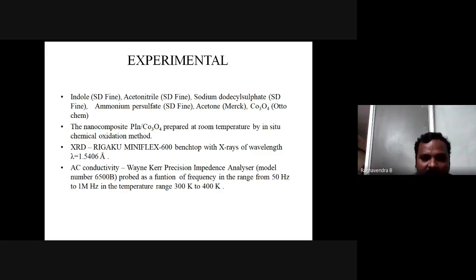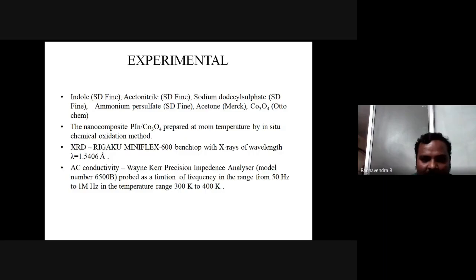After the synthesis, I took it for XRD characterization. I made use of the Rigaku Miniflex 600 benchtop apparatus to get the XRD pattern.